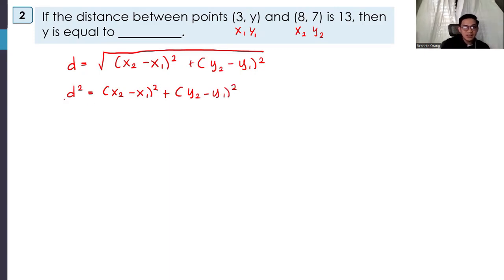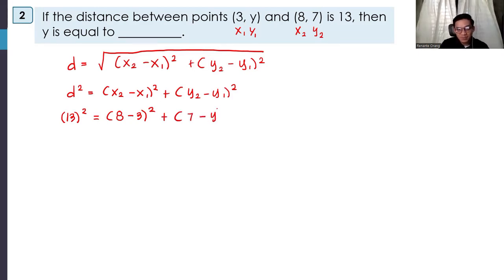Input natin lahat. Our distance is 13, so 13 squared is equivalent to, open parenthesis, x sub 2 which is 8, minus x sub 1 which is 3, squared, plus y sub 2 which is 7 minus y sub 1 which is y, squared. Let's calculate this one using our calculator.